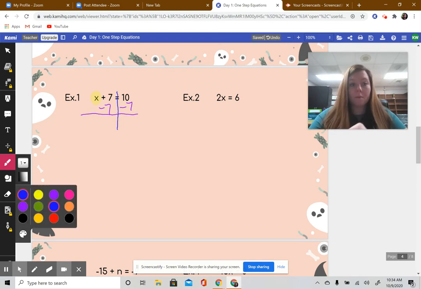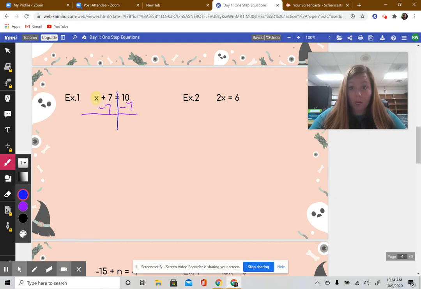Now let's see what happens. 7 minus 7 is 0, right? In math, I don't like writing the number 0, so I'm just going to cross that off. Now the only thing I have left on my left-hand side is the x, which is great because that's what I wanted to get alone.